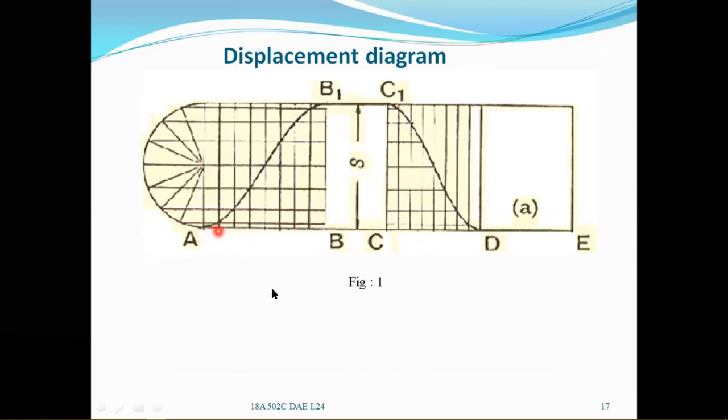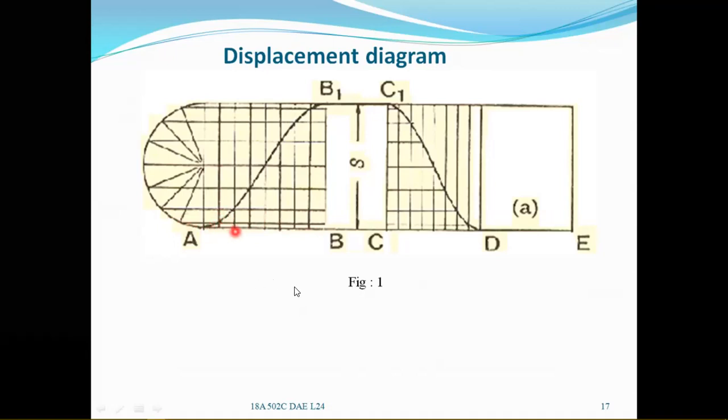So suppose this is point 1, 2, 3, 4, 5, 6, 7 and B is 8, and here it is 1, 2, 3, 4, 5, 6, 7 and 8. Then the vertical projector from 1 and the horizontal projector here, if you draw them, will intersect at a certain point, that is called point 1, P1.